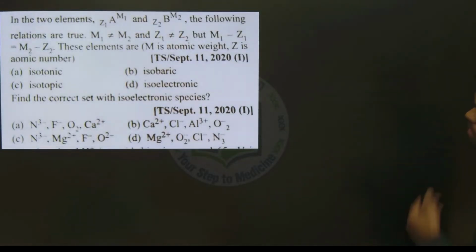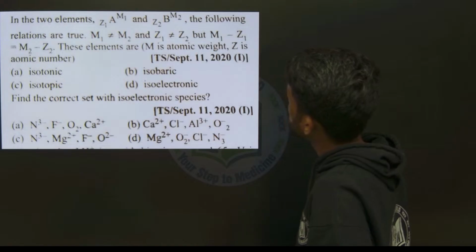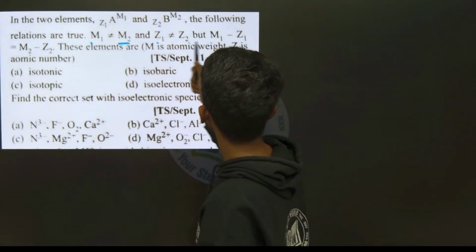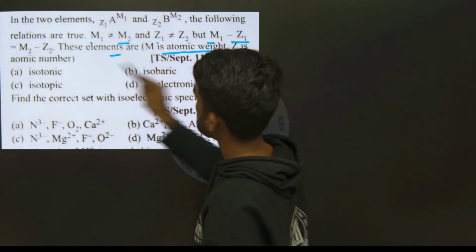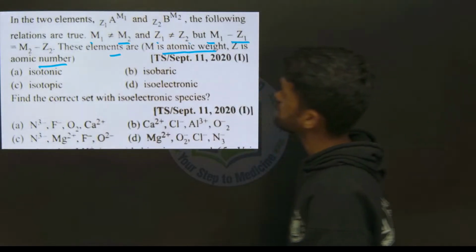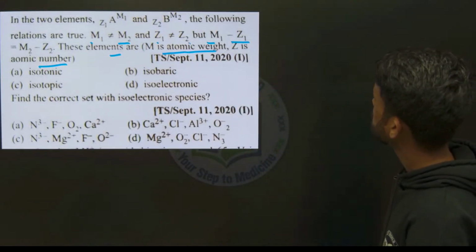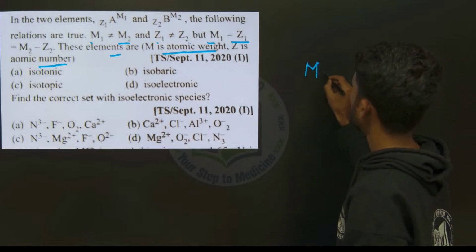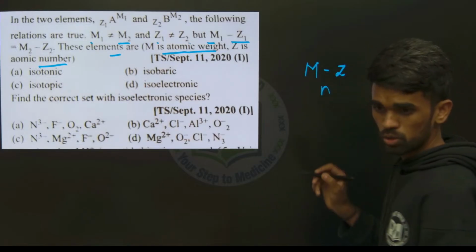What about this question? For two elements, as we just discussed, the relation M1 not equal to M2. M is atomic mass, Z is atomic number. Just try to answer this. Number of neutrons, isotones. So M minus Z gives neutrons. Mass number M equals Z plus N, protons plus neutrons.